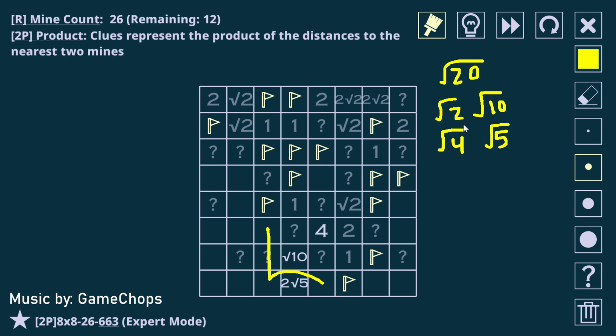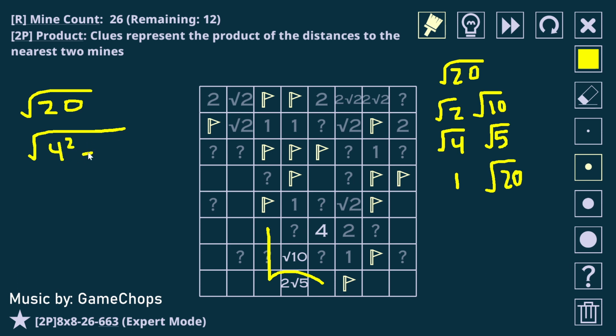These are the only factors of 20, so... Oh, it could also be 1 times root 20, but root 20 is kind of hard to get as a distance, because 20 has to be 4 squared plus 2 squared, which means that it would be looking at something that's this distance away.